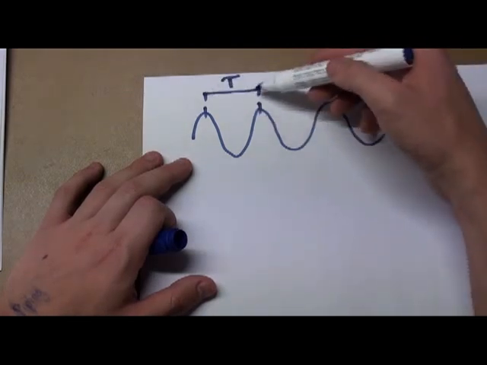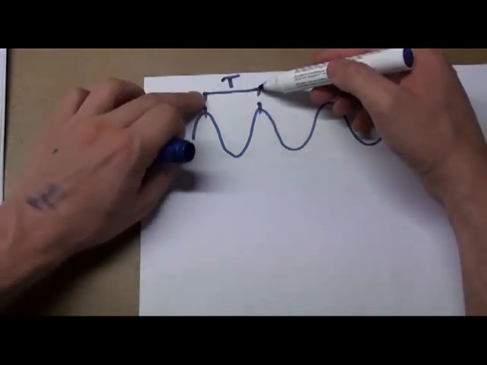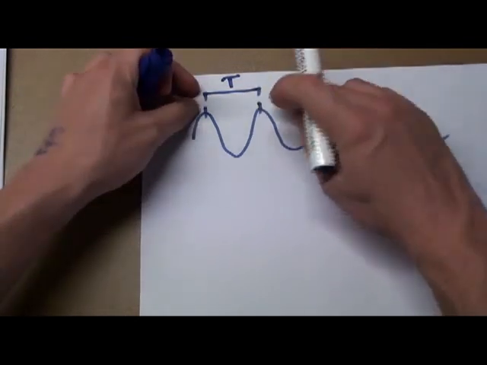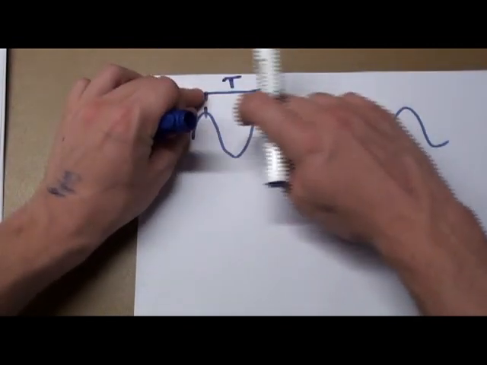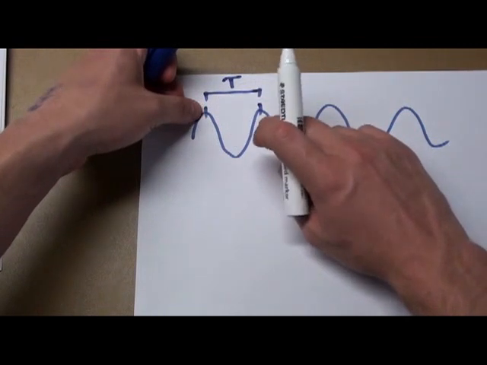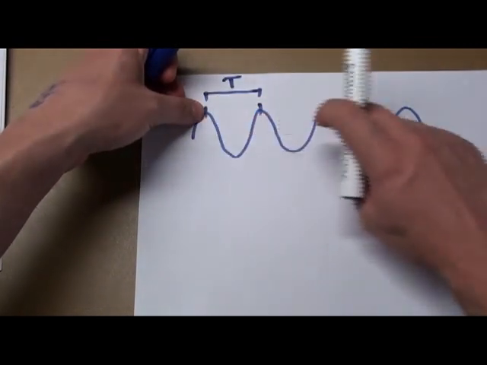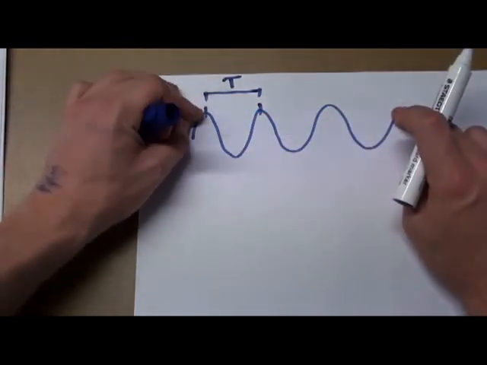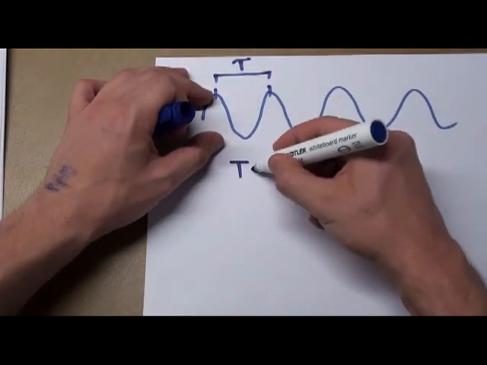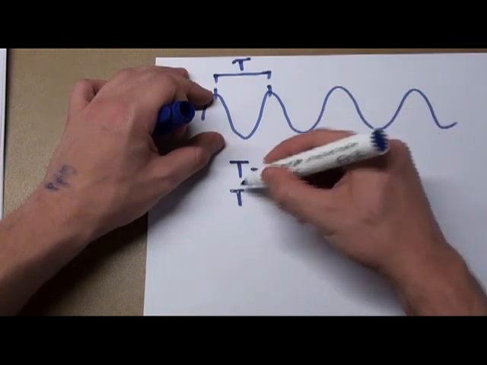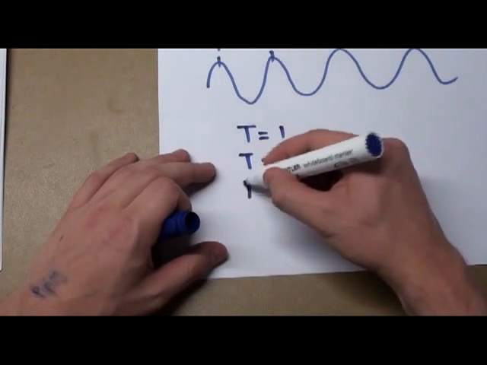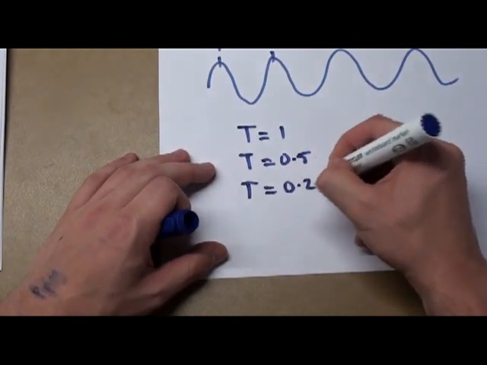If this were to repeat once per second, this time interval would be 1. If this were to repeat twice a second, then this time interval will be half. And if it was to repeat 4 times a second, then this time interval would be 1/4. So that means that t equals 1, t equals 0.5, t equals 0.25.